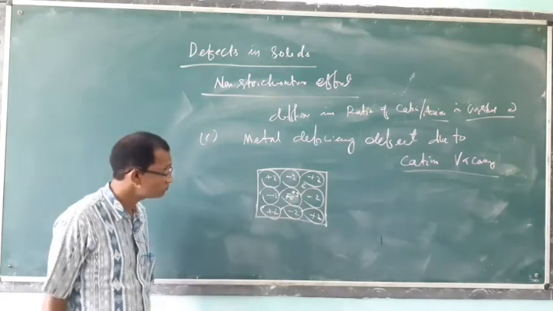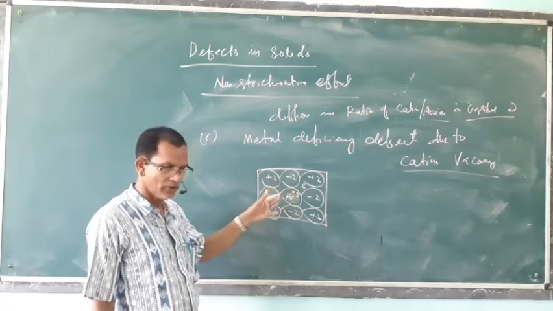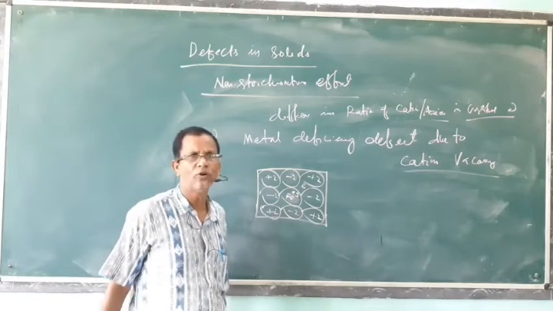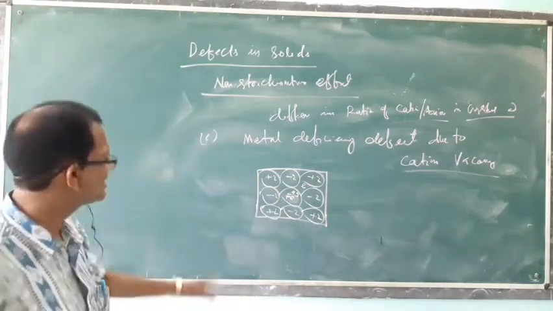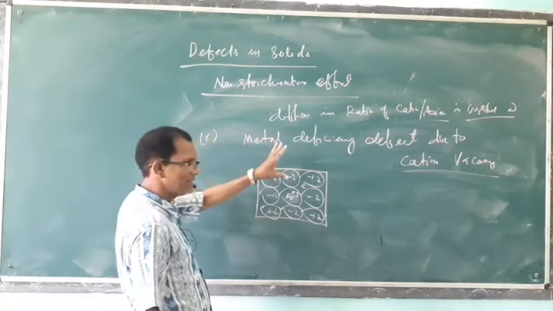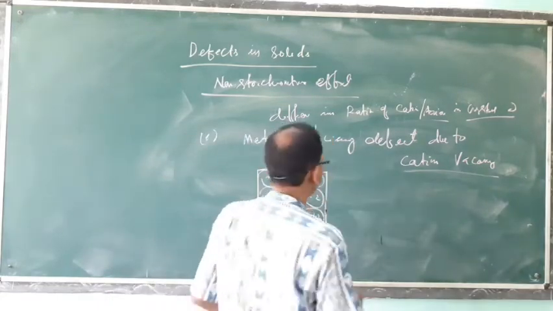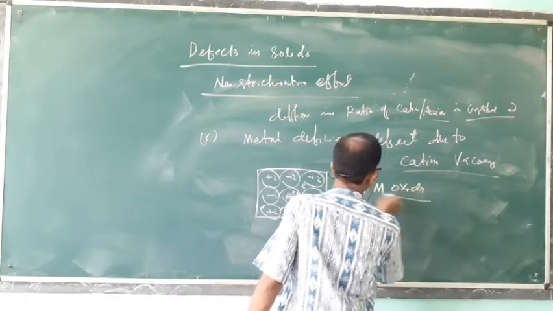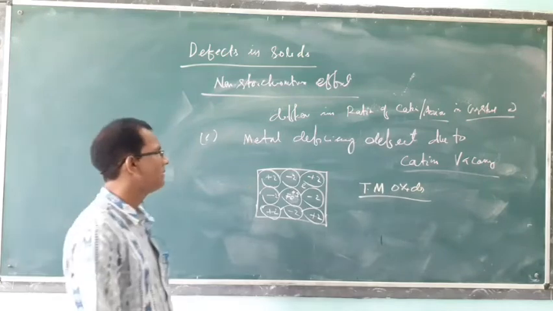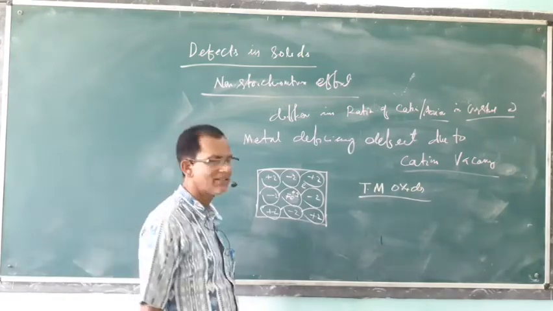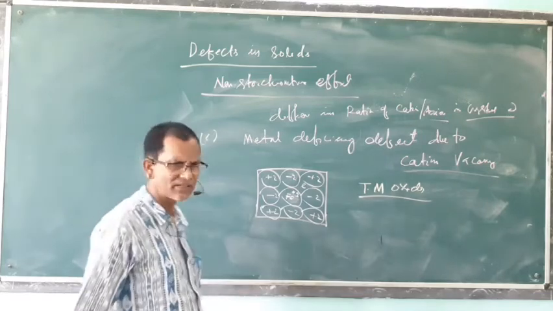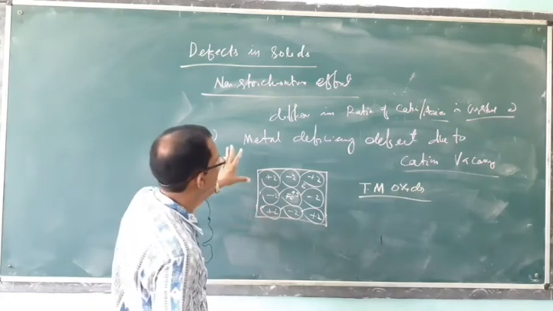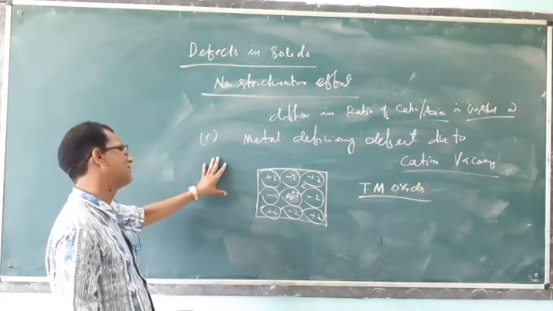That's why this defect is observed when the particular metal ion gets oxidized to a higher oxidation state. That's why transition metal oxides show this type of defect: iron oxide, chromium oxides, nickel oxides, so many. So the formula will be different. So this is about the types of defects in solids.